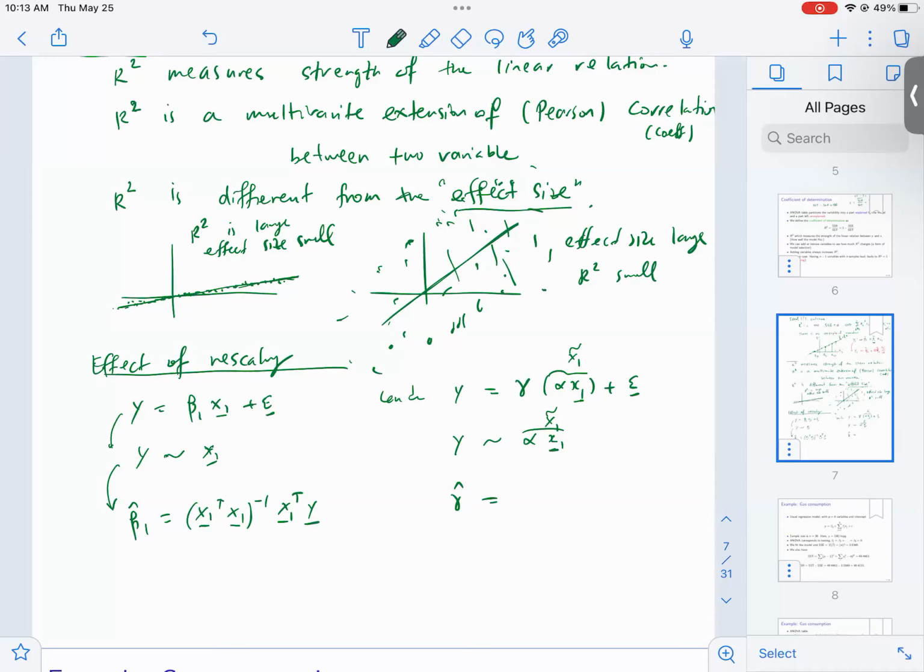The formula: X1 tilde transpose X1 tilde inverse X1 tilde transpose Y. It's just the same regression, but with a different X. Like the OLS formula.